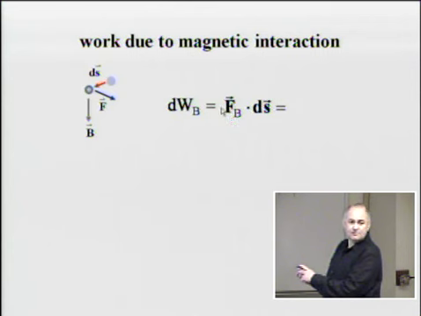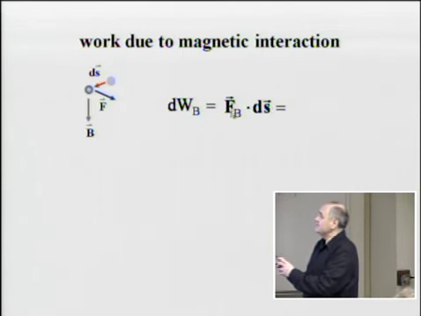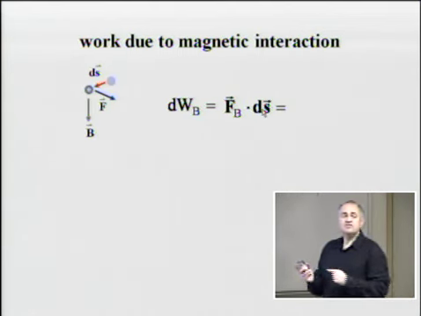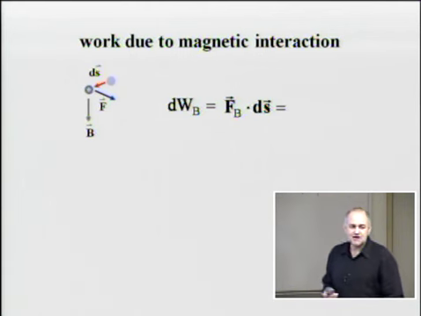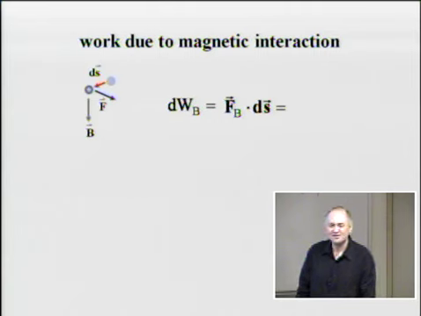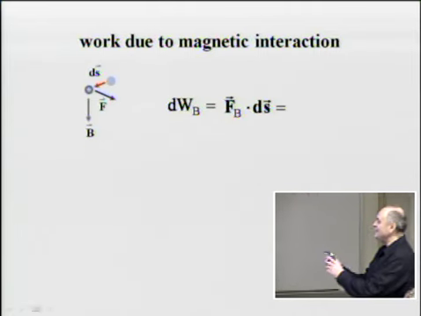Scalar product of force by displacement gives me the work. Now, this is a vector. What is the direction of a scalar product? I'm giving you a tricky question. Scalar product doesn't have a direction. The result is going to be a number, right? Work is a number.